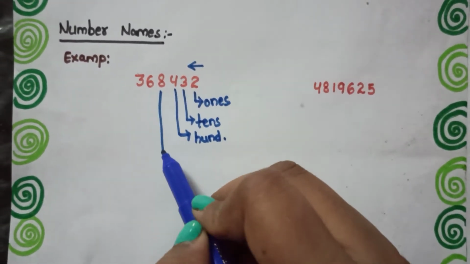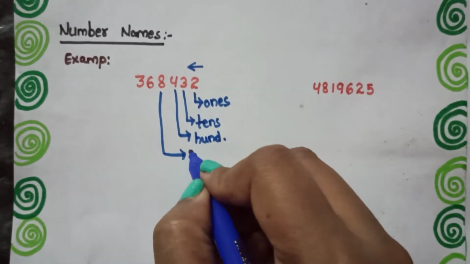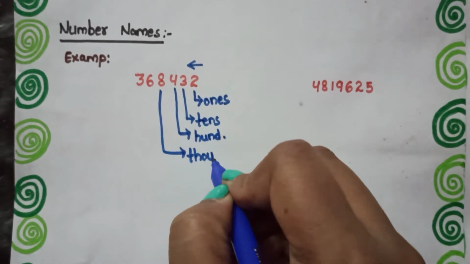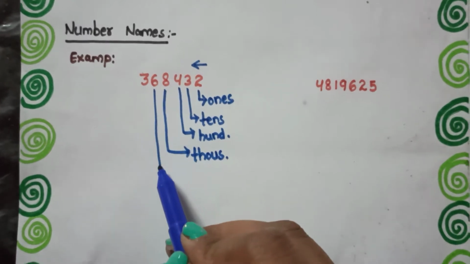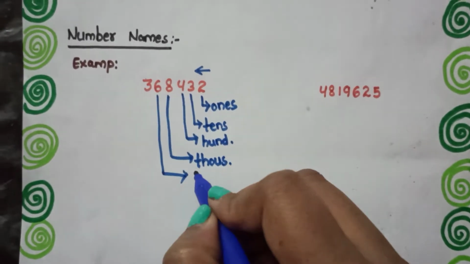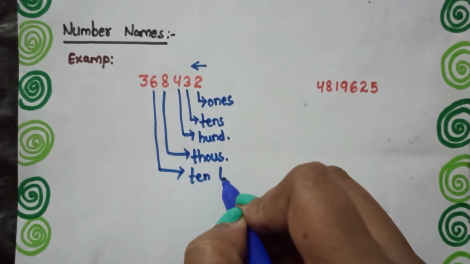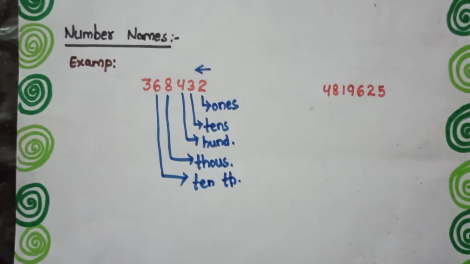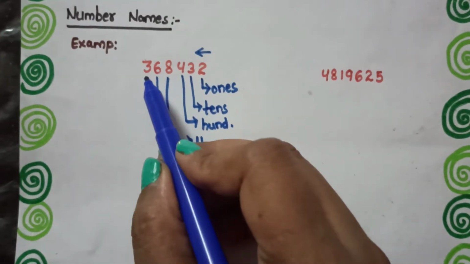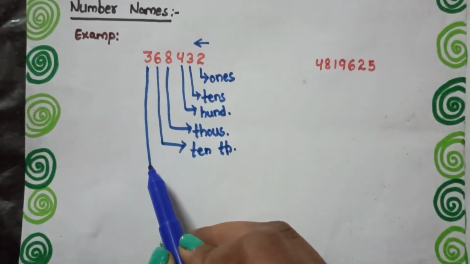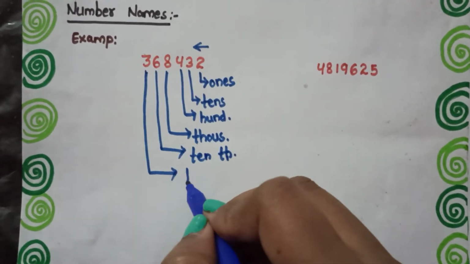And then this one is at thousands place. Then this digit is placed at 10,000s place. Then this one is at lakhs place.